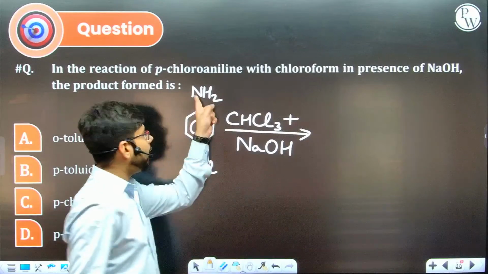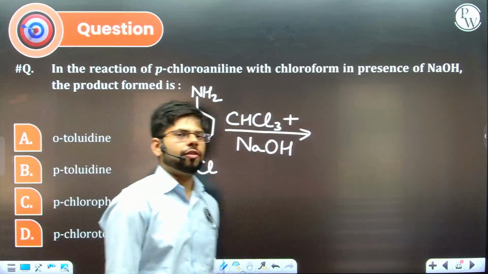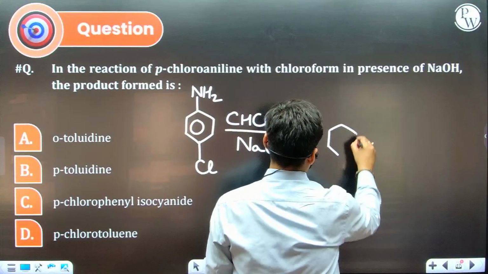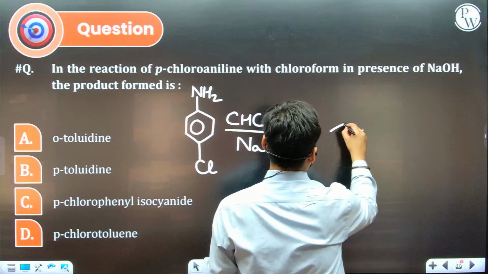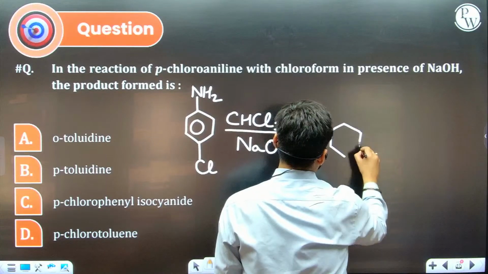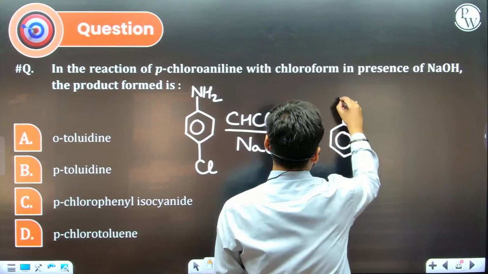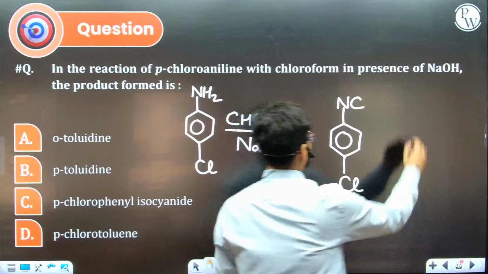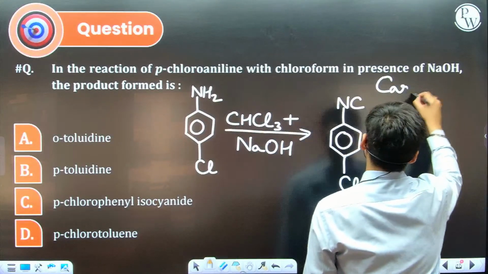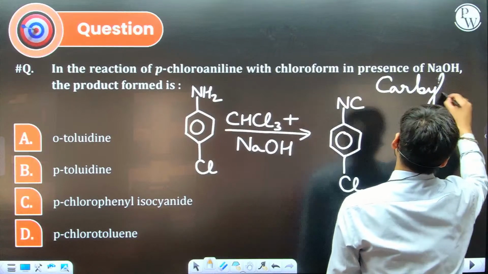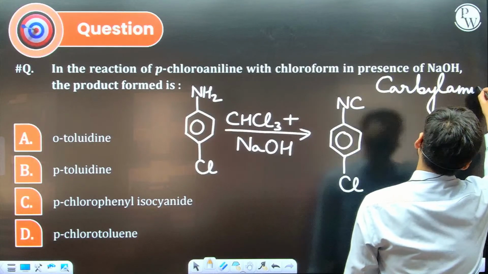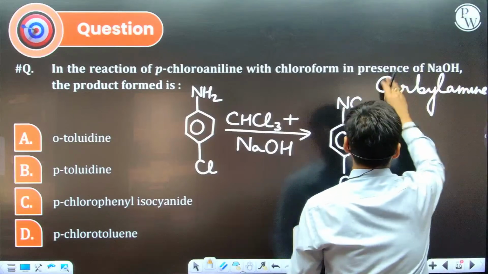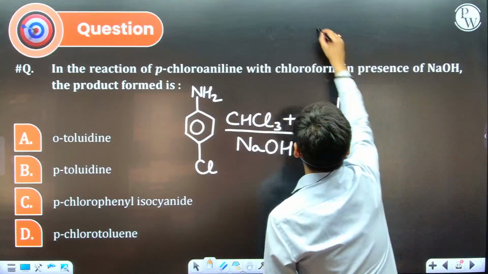Now, any 1-degree amine on being treated with chloroform and base gives us a compound which is foul smelling, and this reaction is known as carbylamine reaction, and NH2 gets converted to NC. This is called carbylamine reaction.